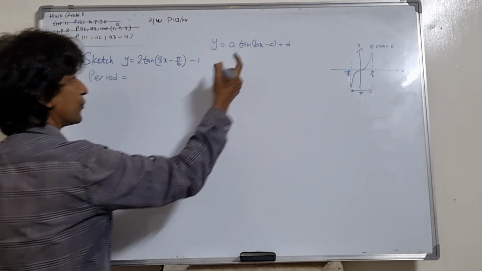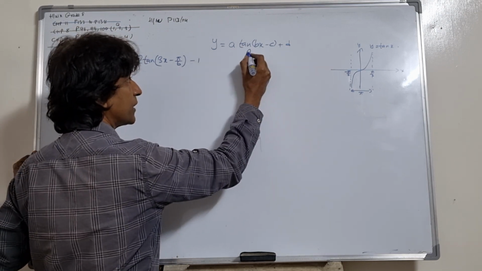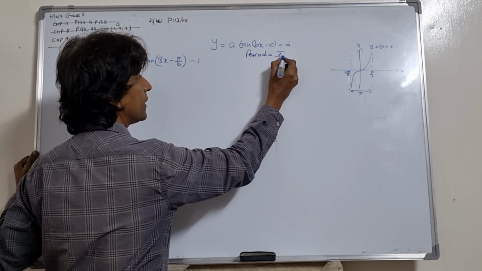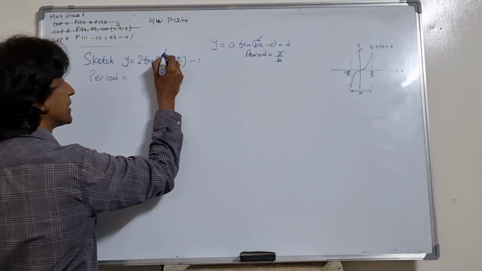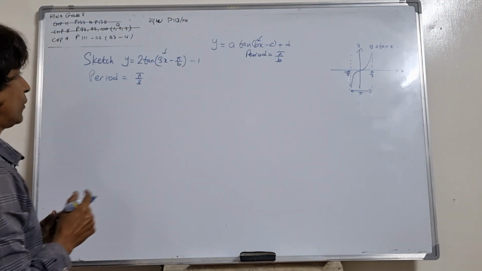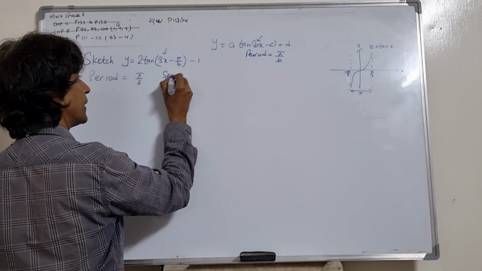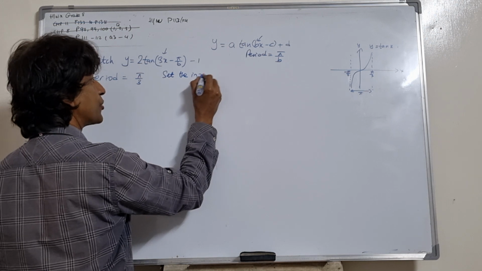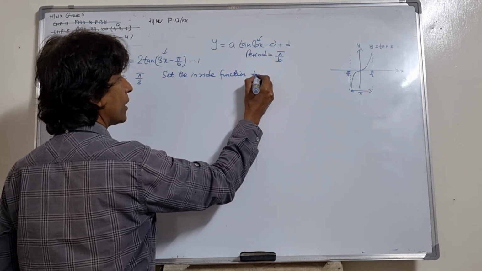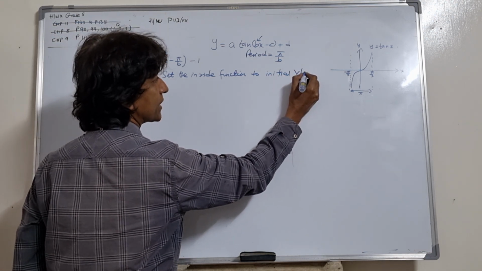And so the period of a tan graph, because it's a periodic graph, is given by π over b, and this is our b here, and our b turns out to be 3, so the period is now π/3. And also, what about the vertical asymptotes? So we're going to set the inside function to the initial vertical asymptotes.